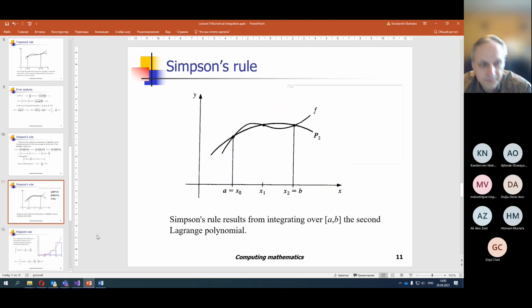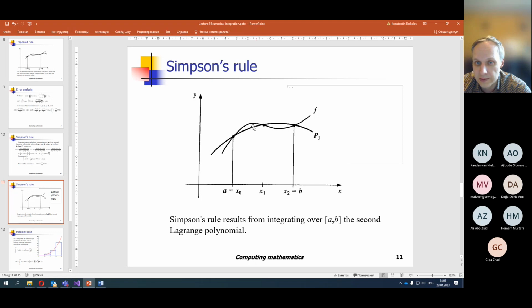But before that, let me show you the graphical interpretation. Suppose that we select an interval from a to b. Now a equals x0, x1 is their middle point, x2 equals b. The Lagrange interpolating polynomial that passes through these 3 points is a quadratic polynomial.